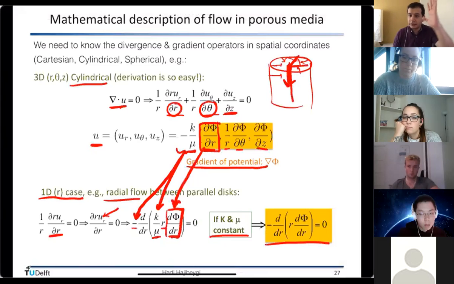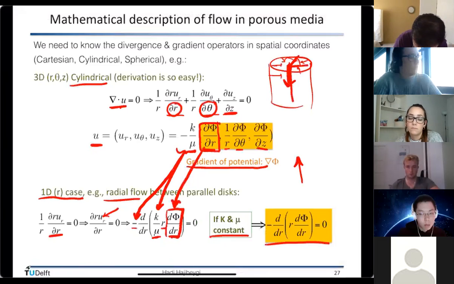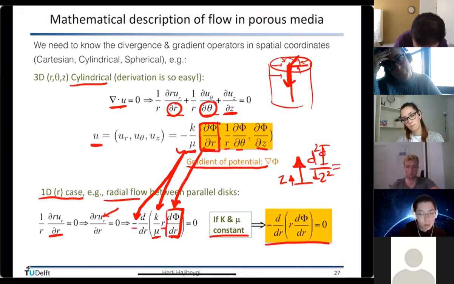For the vertical direction, for Z and X, I got d square over dz of phi. So for the Z direction, for Cartesian coordinates, I got the second derivative of potential with respect to Z equal to 0.